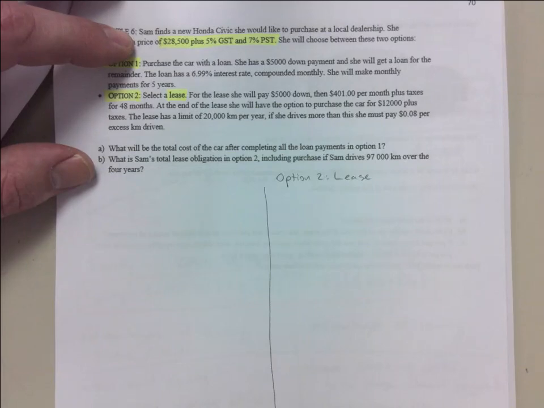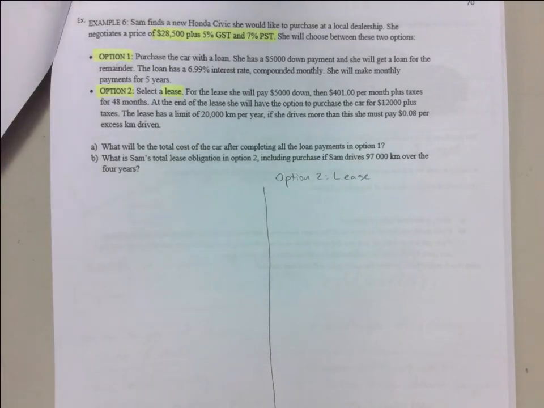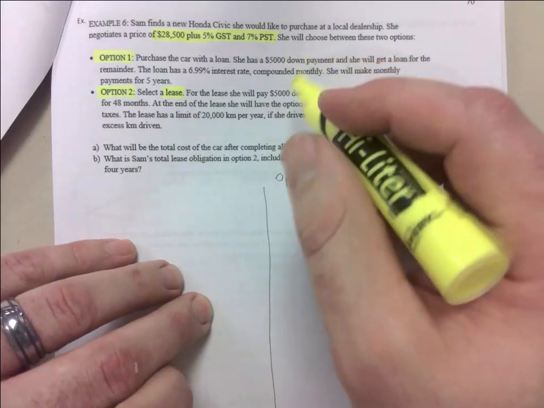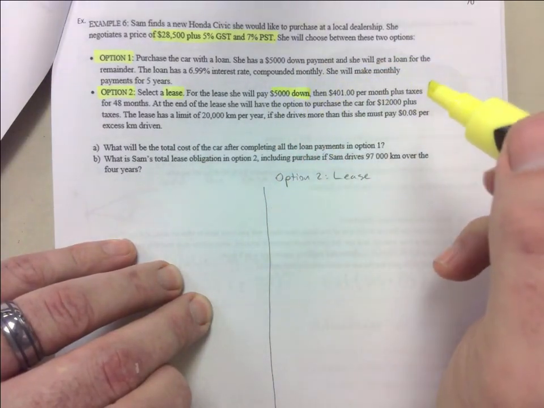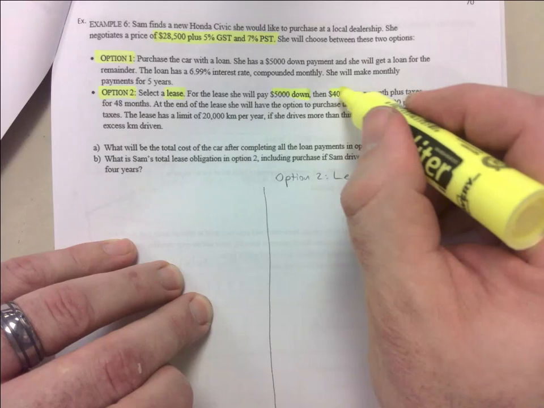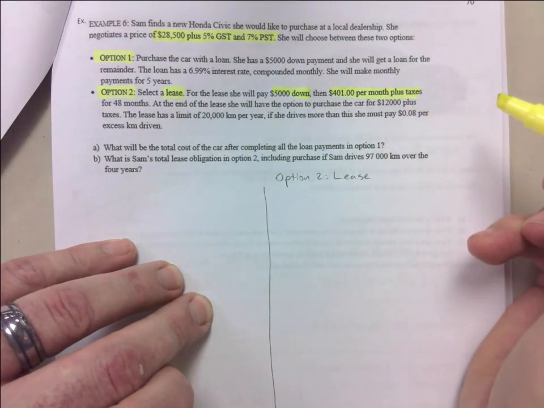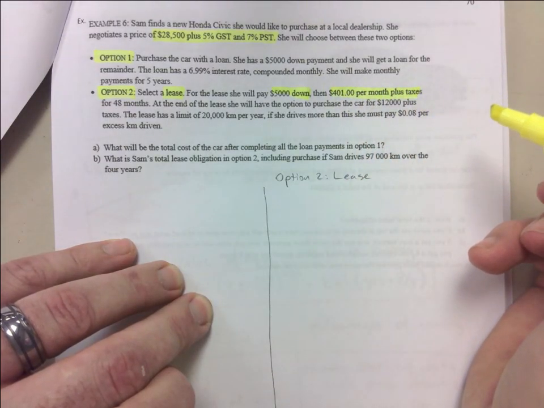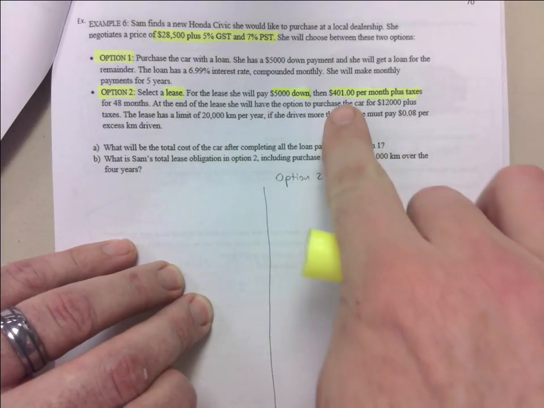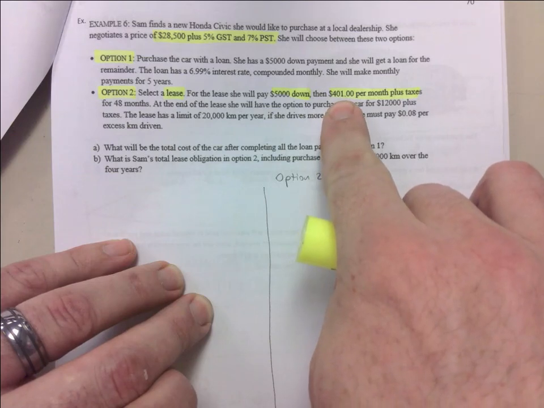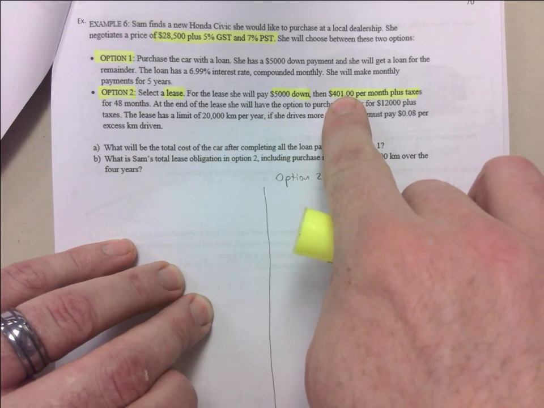For the lease, she will pay $5,000 down. It says here. Then it's $401 per month plus taxes. If it says $401 plus taxes, does the $401 already include taxes? No, it says this plus tax.